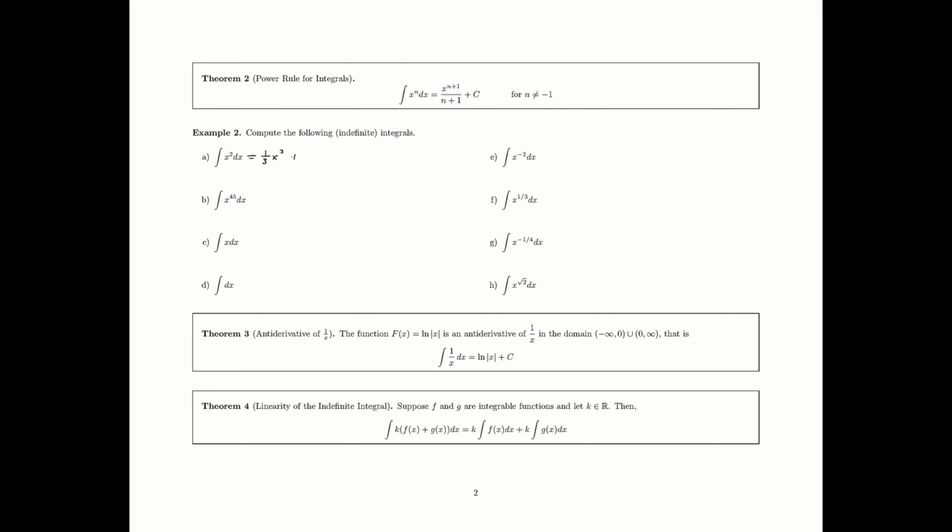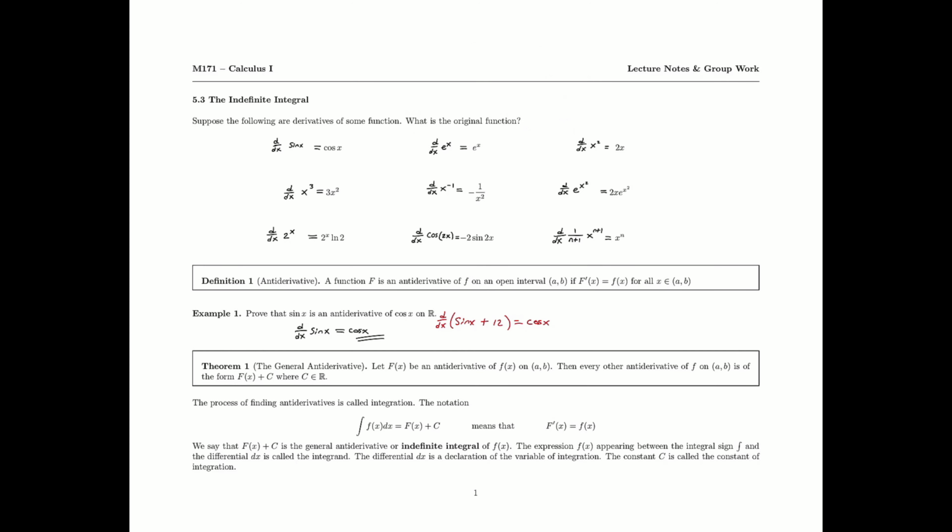Now here, we're also going to add on a plus c, because as we discussed in the previous video, there is an infinite number of antiderivatives, one for every single constant c. For any real number c, we can just add c, and this results in a new antiderivative.